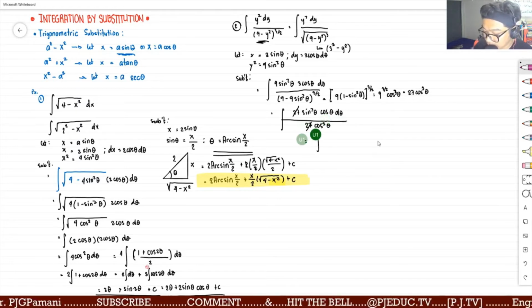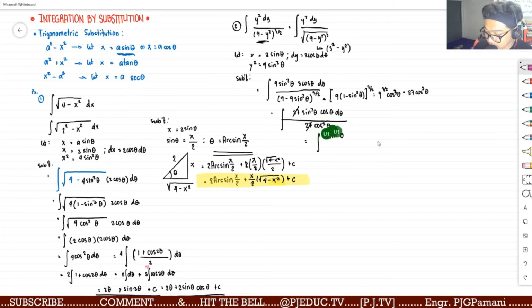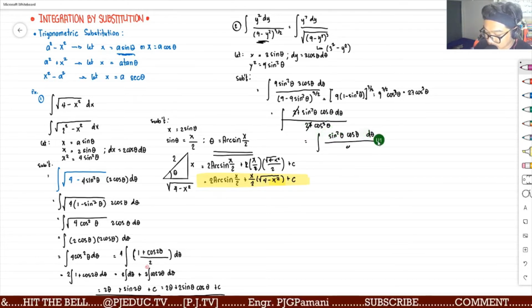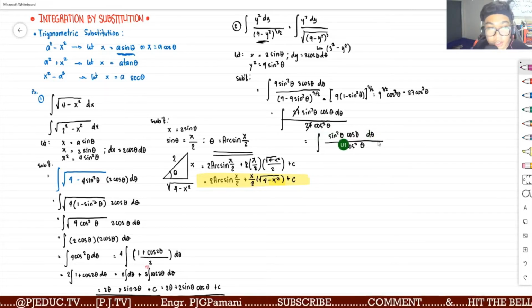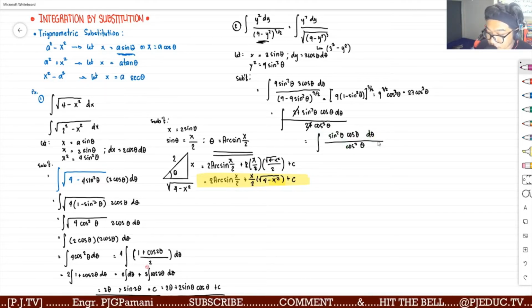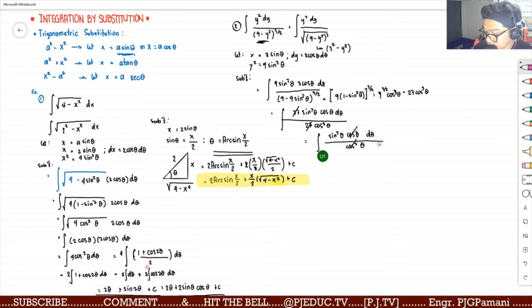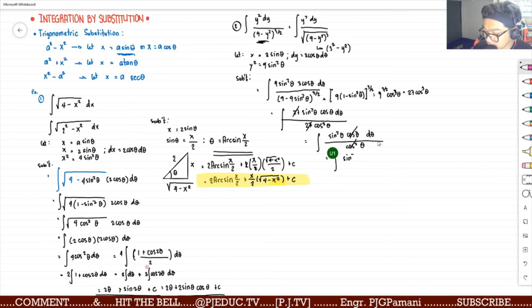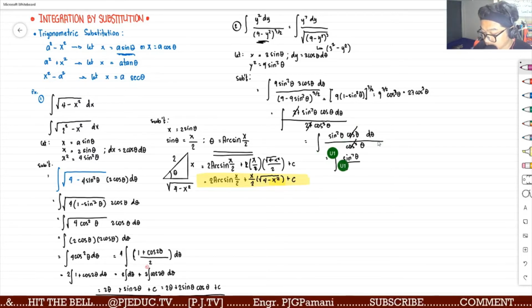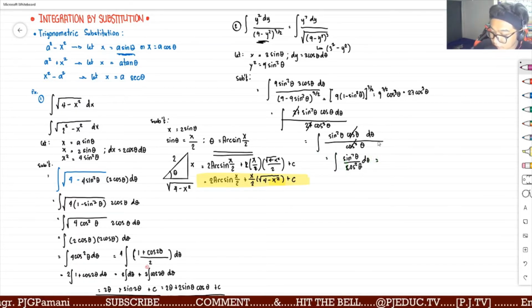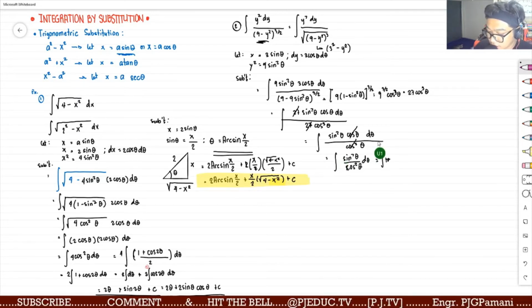Simplify: integral of sine squared theta cosine theta d theta all over cosine cubed theta. Cancel, cancel, which is also sine squared theta all over cosine squared theta d theta. Sine over cosine is simply what? Tangent. Then squared theta.